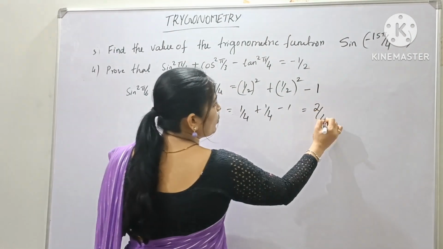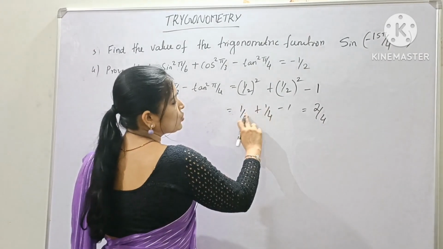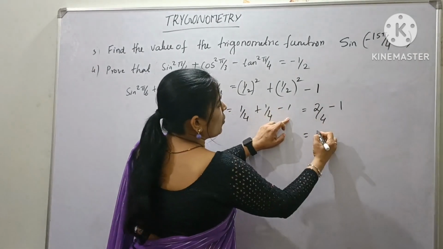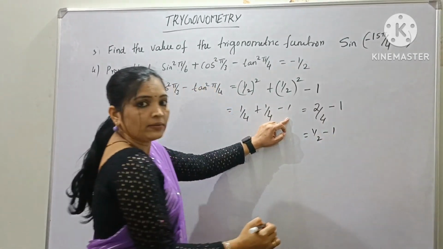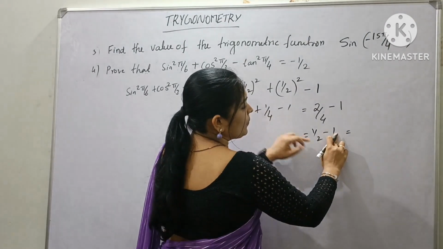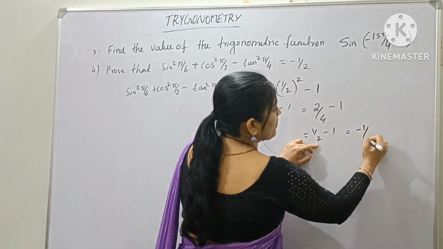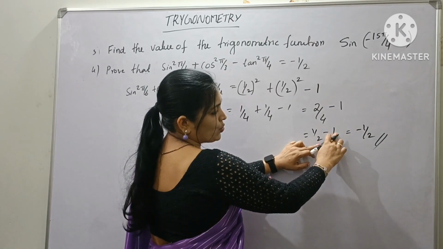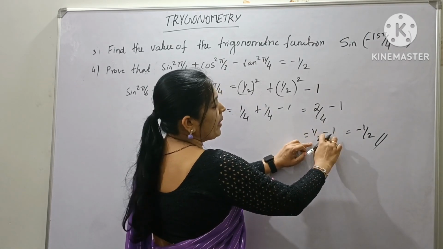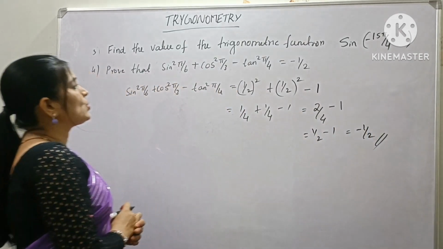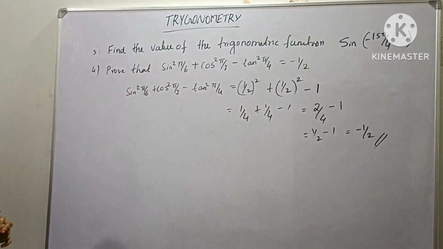That is 2 by 4 minus 1, that is 1 by 2 minus 1. 2 by 4 is nothing but 1 by 2, and 1 by 2 minus 1 is nothing but minus 1 by 2. Or simplify: 2 into 1 minus 2, that is 1 minus 2 is minus 1, denominator 2. So here it is proved.